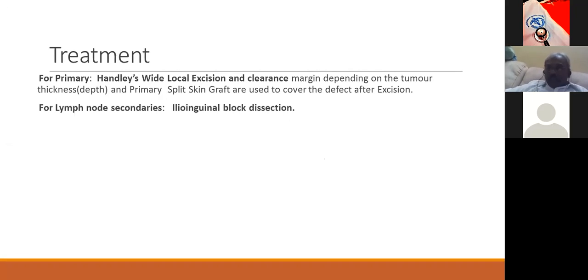Sentinel lymph node is the first node which will be receiving the tumor cells from the primary tumor in the regional lymphatic basin. So if the sentinel lymph node is not involved, we can be assured that the tumor has not spread.